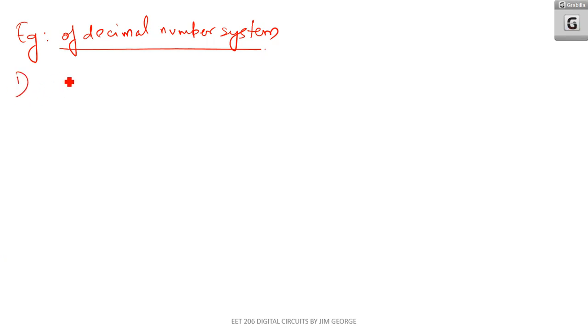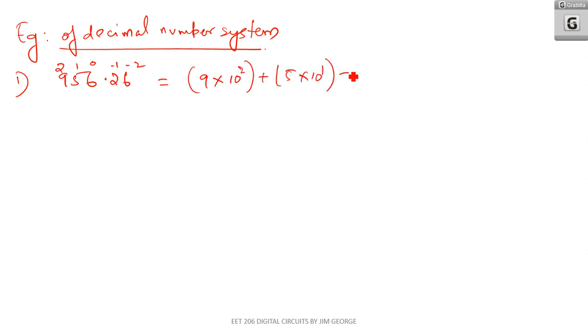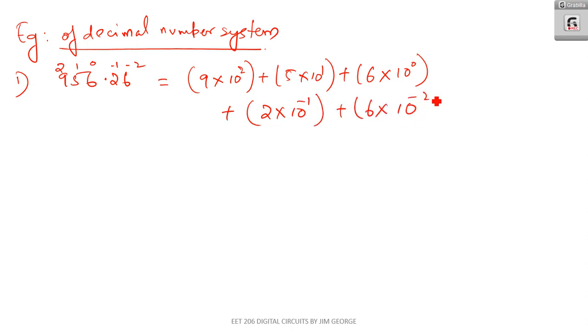So first one, I can write 956.26. Here I can write it as this is 0th position, first position and second position. This is minus 1 and minus 2. So this I can write it as 9 into 10 square plus 5 into 10 power 1 plus 6 into 10 power 0 plus 2 into 10 power minus 1 plus 6 into 10 power minus 2.